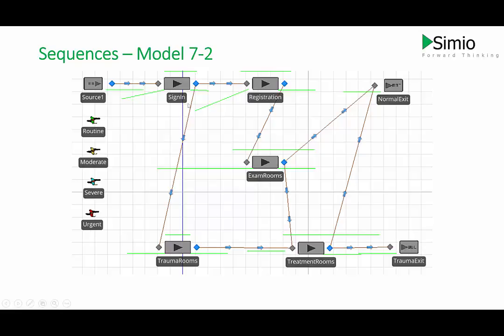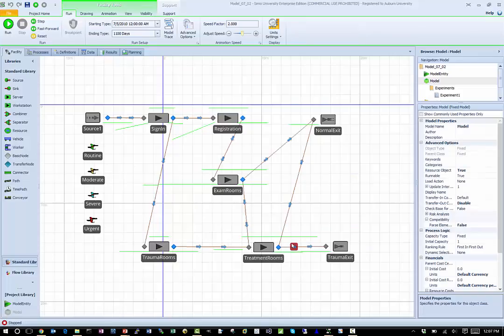The urgent patients will go directly from sign-in to the trauma room to treatment room. So very similar to what you would see in a real clinic, other than the fact that we made all of this up. But basically, what we want to demonstrate is that we can use sequences to specify the routes that the individual patient types take through our emergency department.